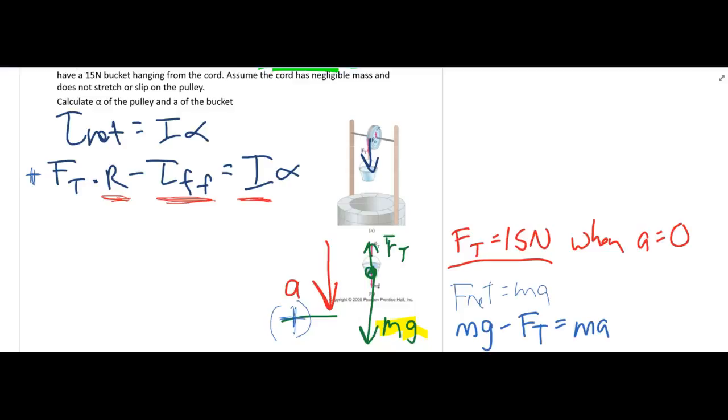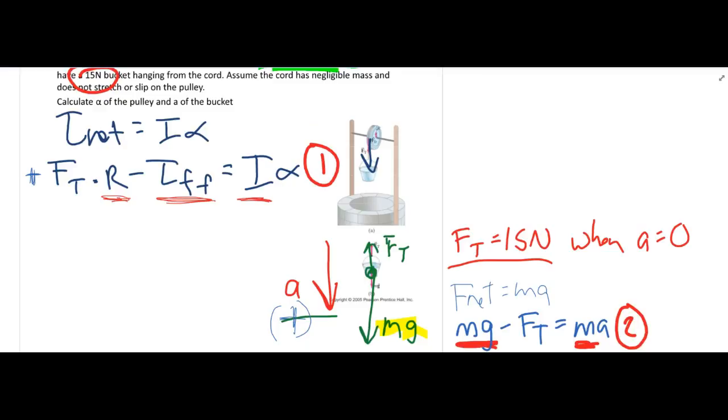Well, I know mg, it told me that was a 15 Newton bucket. I don't know the force of tension. I know the mass of the bucket, because if mg is 15, m is 1.5, and I don't know the acceleration. So I have one equation, two different unknowns. Wait a minute, I have three unknowns.